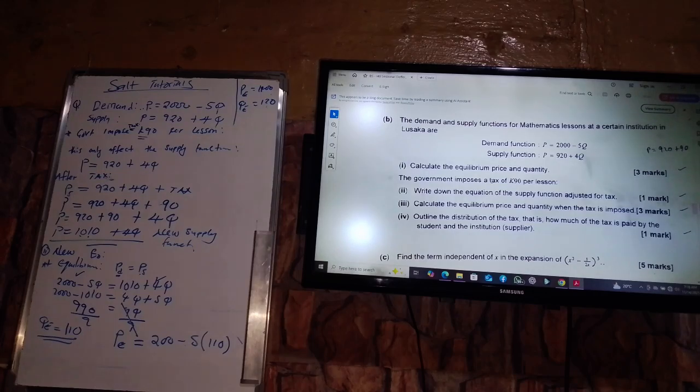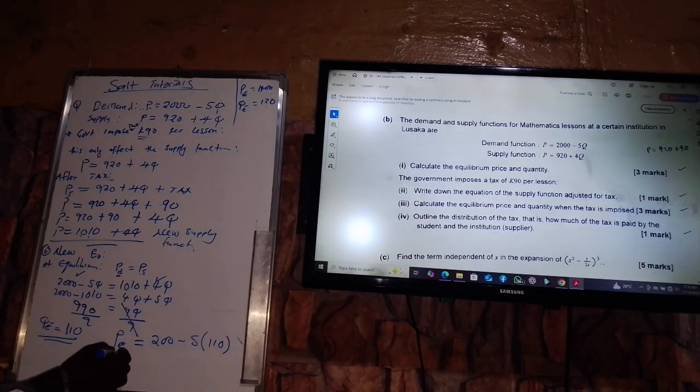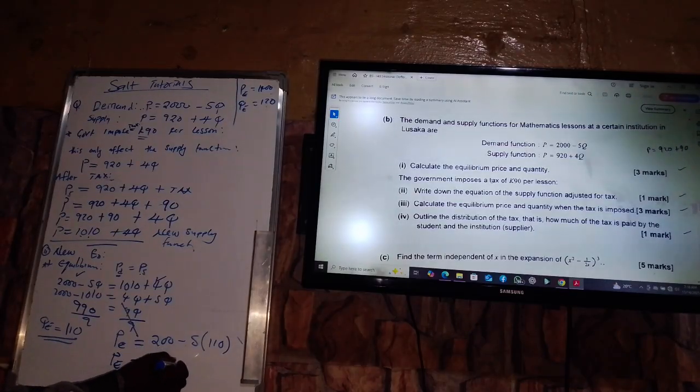If I use the demand equation, I have 5 multiplied by 110, then we subtract the answer from 2000. My new equilibrium price is now equal to 1,450. This is my new equilibrium price.